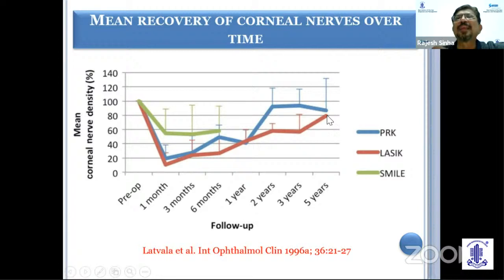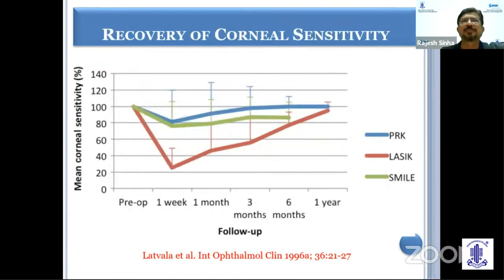And in LASIK, even at the end of 5 years, it is quite significantly less than the normal value. SMILE has a shorter follow-up. By the time this paper came out, it was only a 6 month period. So it showed that about 60 to 70% of corneal innervation is present in SMILE after 6 months.